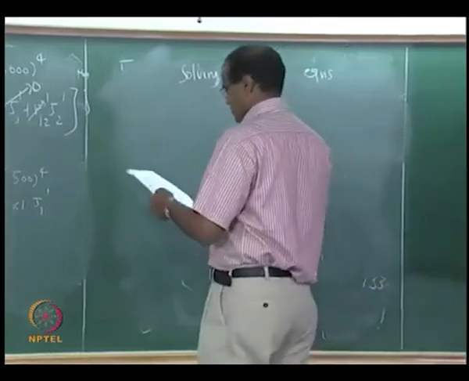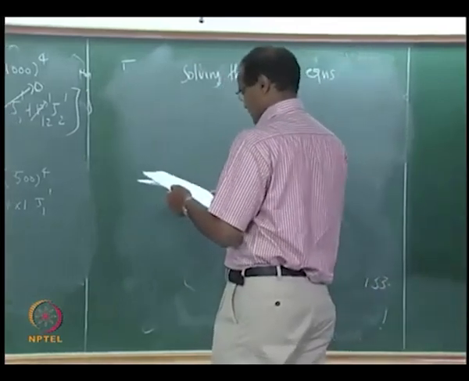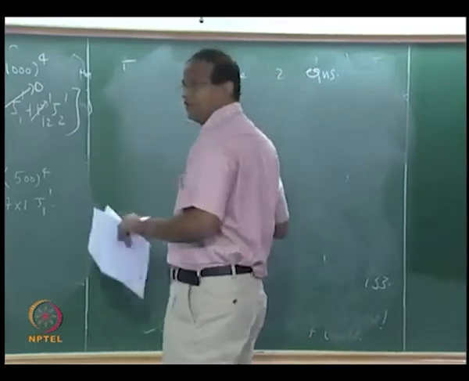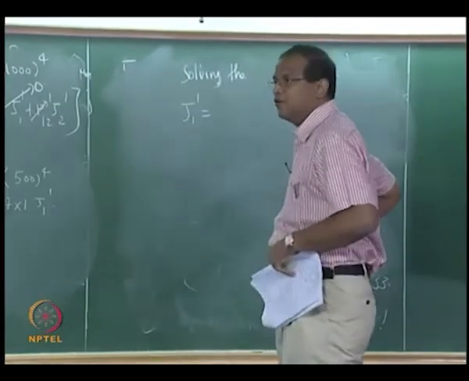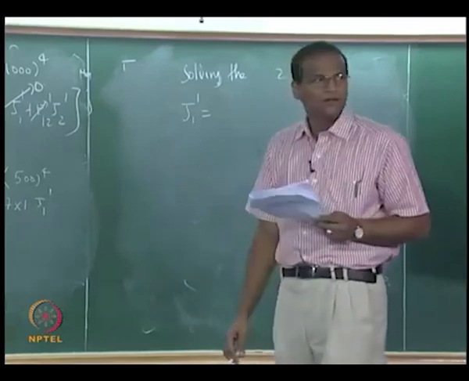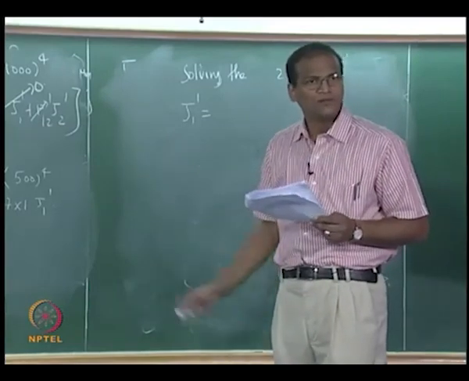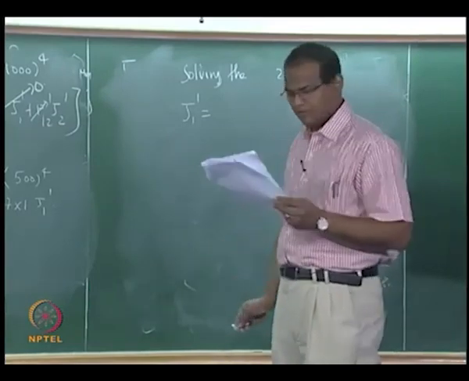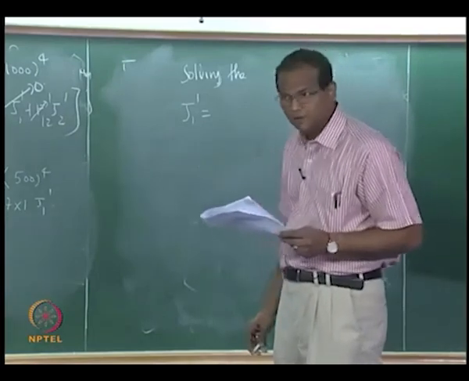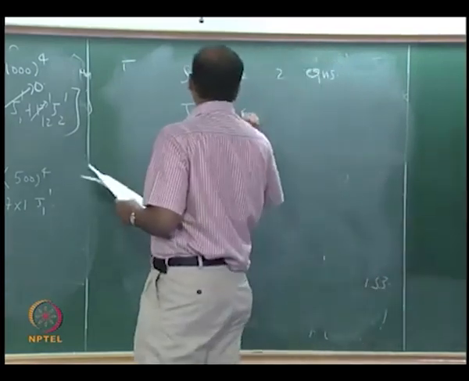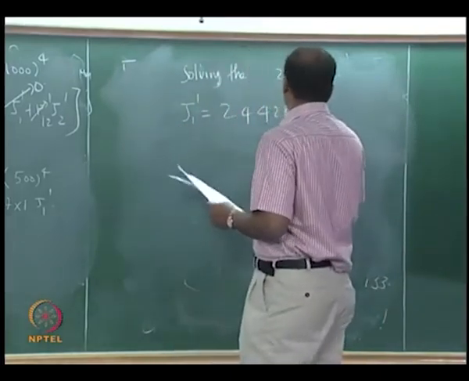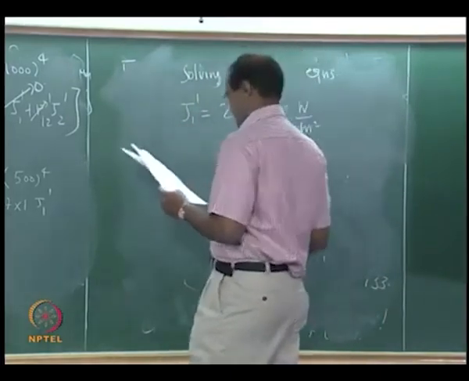Solving the two equations. Any problem with that? 24,000. Abhishek, did you get it? Ramanujam, you got it? 24,000? 428. 24,428 watts per meter square.